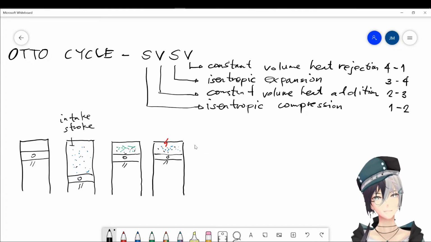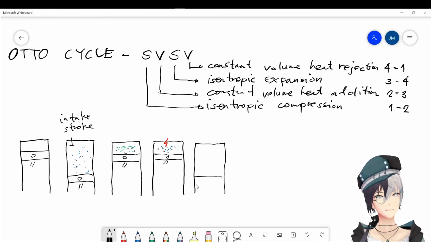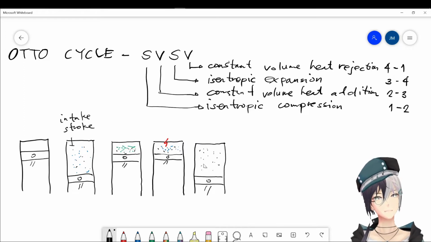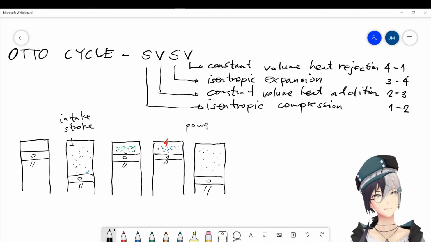The piston will now move down, because the gas is expanding. The gas will now push the piston down, and that is what you call the power stroke.